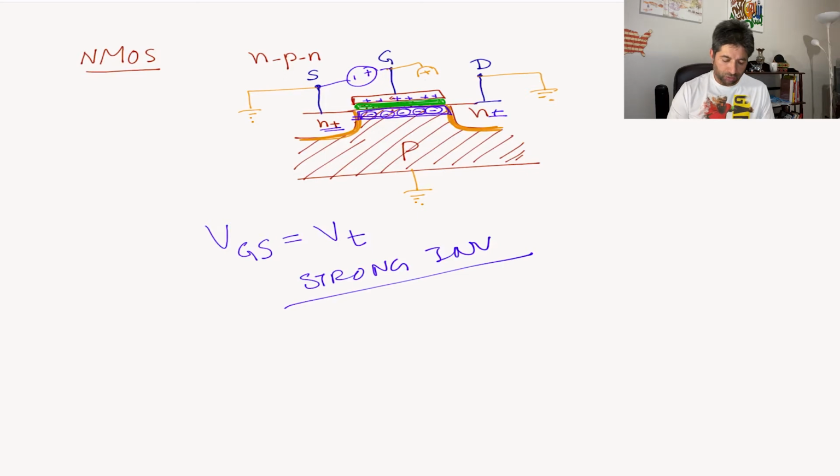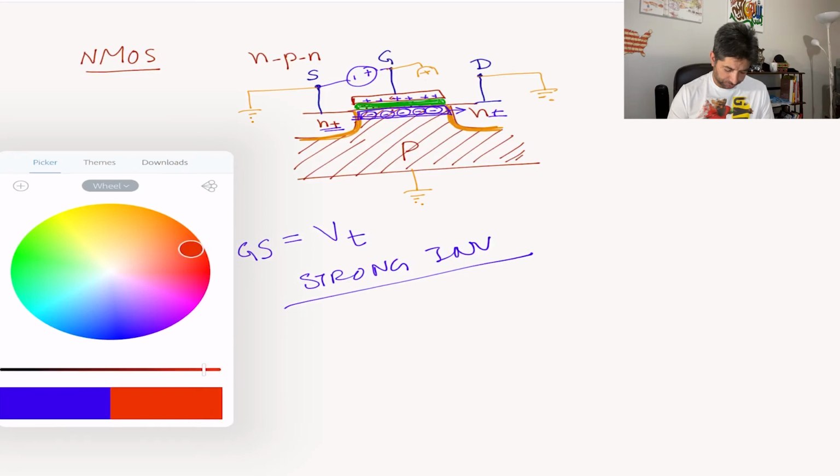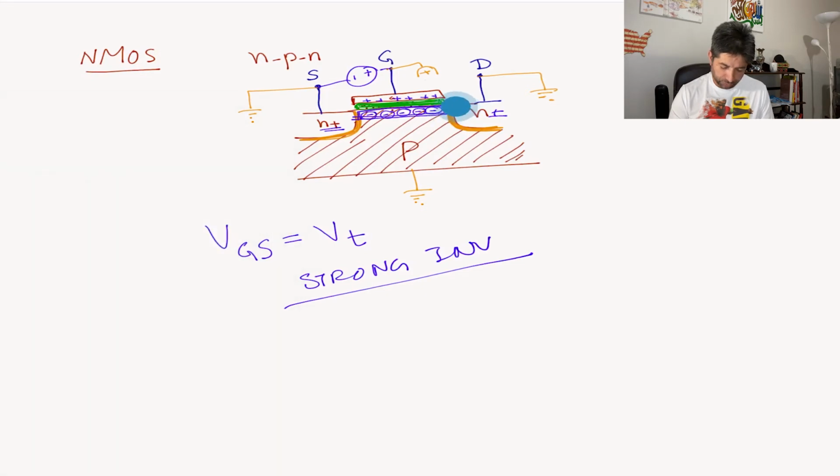Before that, we have a light inversion, but at that voltage we have a pretty strong inversion underneath. So far we had 0 voltage applied at the drain. Now we start applying some voltage at the drain, and because there's now a strong pull on this side, a drifting happens. These electrons which accumulated here feel a push towards there.